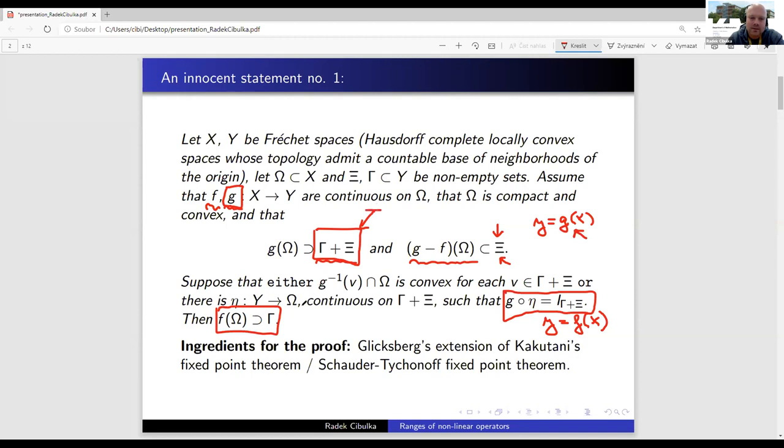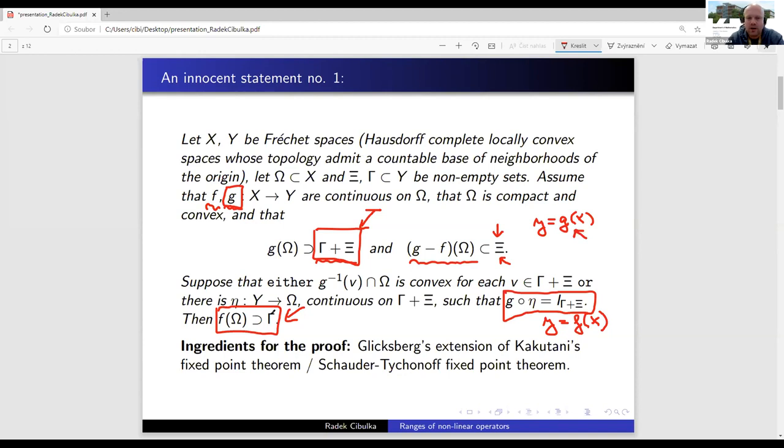Compare this and this. So this set is bigger, this set is smaller, but you can solve this equation and find a solution in such a way that your constraints represented by the set omega are satisfied. I am not going to discuss the proofs of this statement, but just to know, if you are familiar with Kakutani's fixed point theorem, then within the Fréchet spaces framework, this extension goes to Glicksberg.